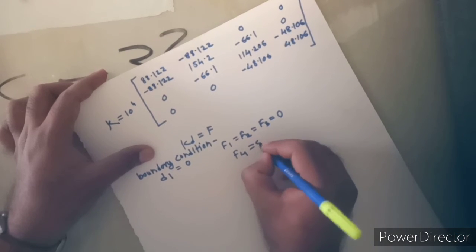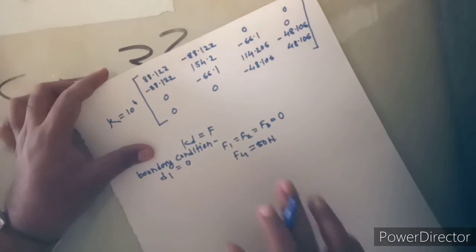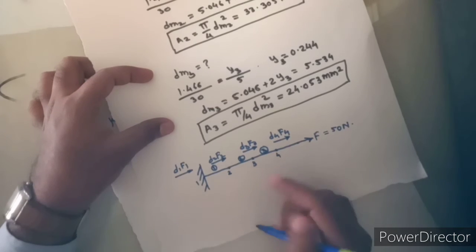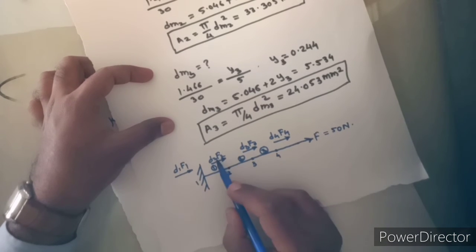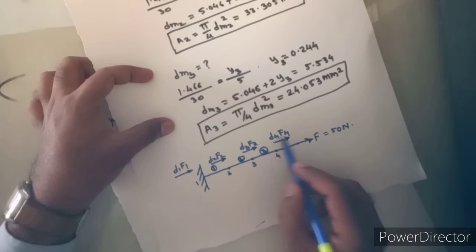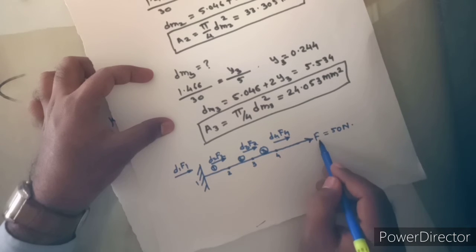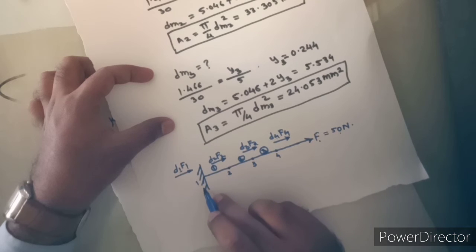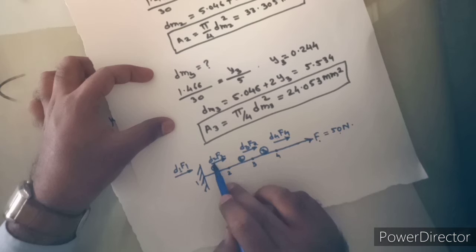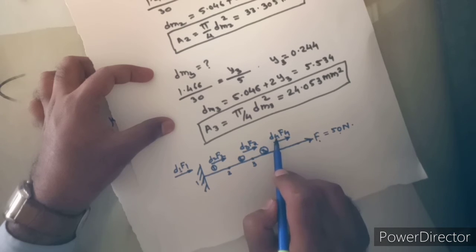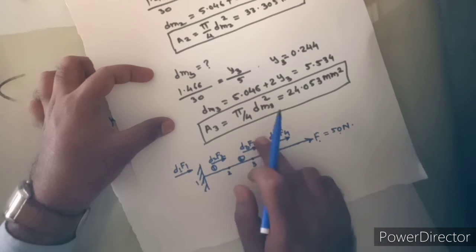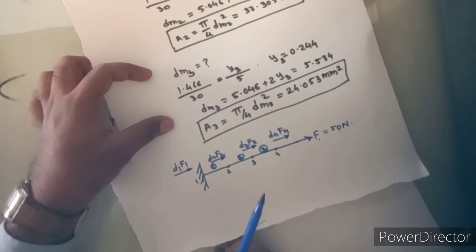F4 is equal to 50 Newton. D1 is 0 because it's a fixed support. Okay, you have to find out D2, D3, D4. This value we want to find out.